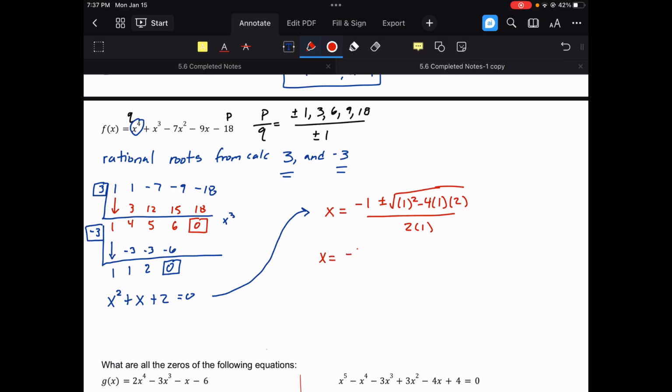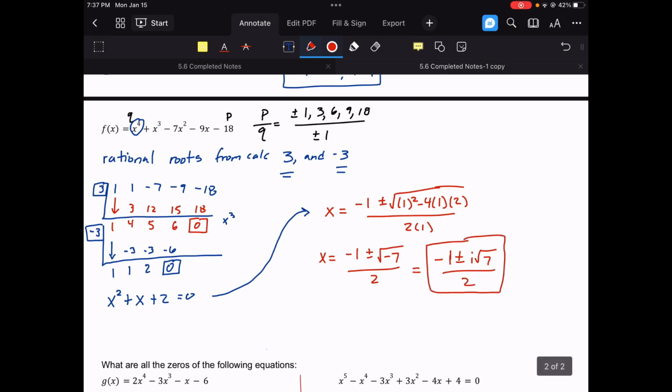In this case, we get negative 1 plus or minus, and here we've got 1 minus 8, so that's the square root of negative 7, over 2, which is going to be, in this case, negative 1 plus or minus i square root of 7 over 2. So then here's our two complex solutions.